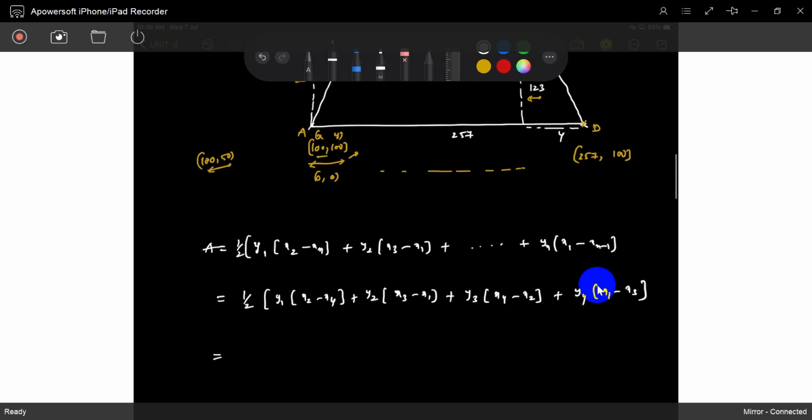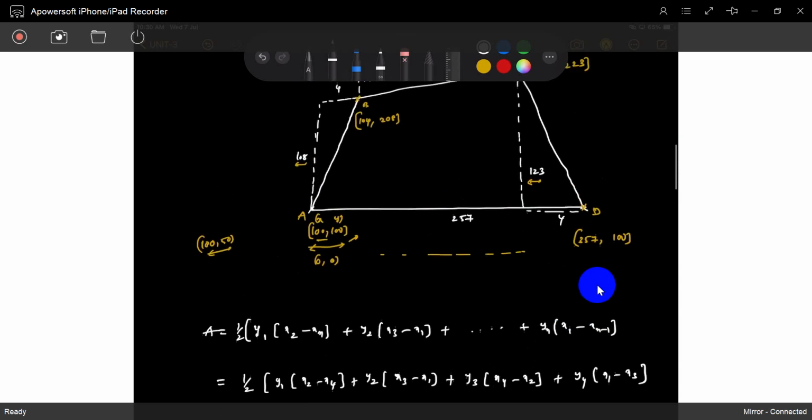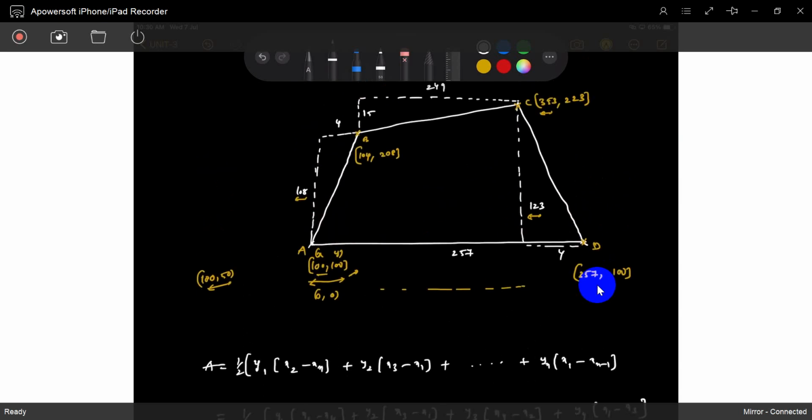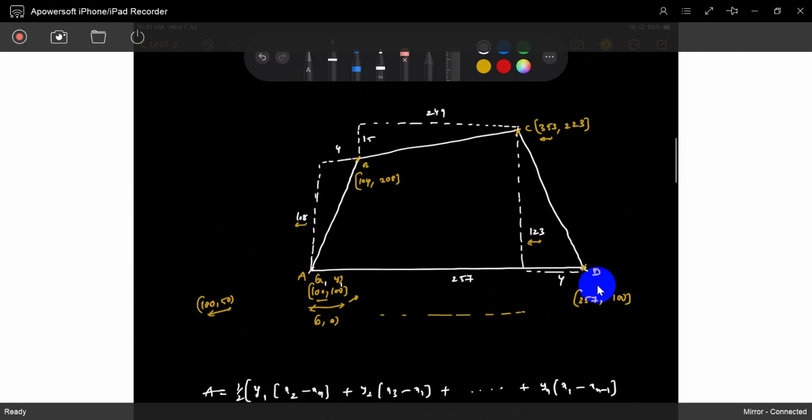The points are x1 y1, x2 y2, x3 y3, x4 y4. You have to choose coordinates in one sequence. It's a closed traverse.